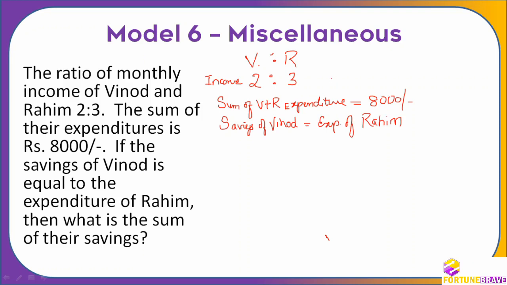First thing we have to keep in mind is, income is equal to what? Income is equal to expenditure plus savings. You can write it the other way as well: income minus expenditure is equal to savings, or income minus savings is equal to expenditure.